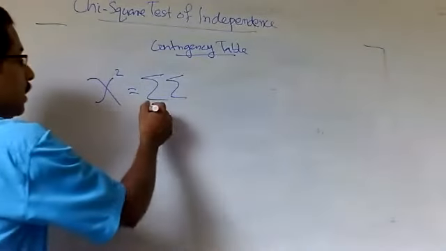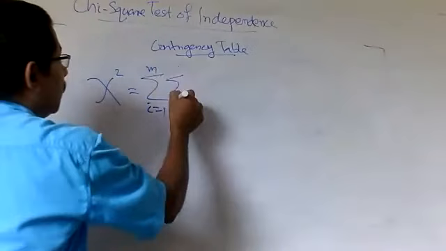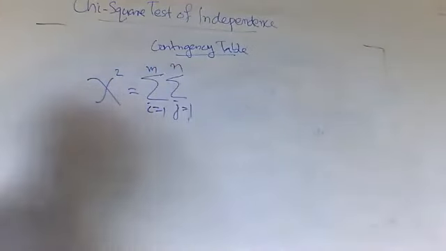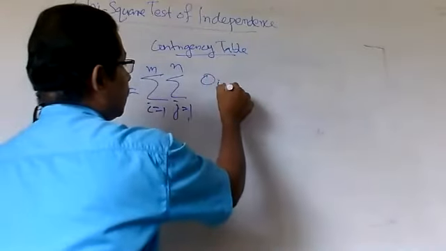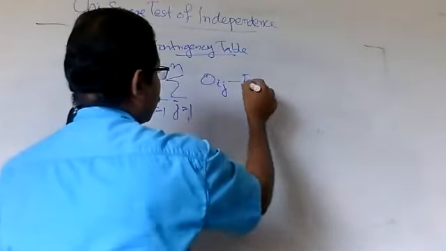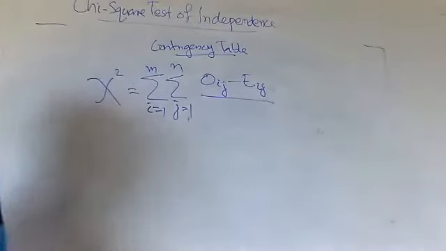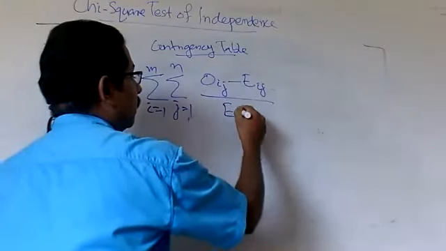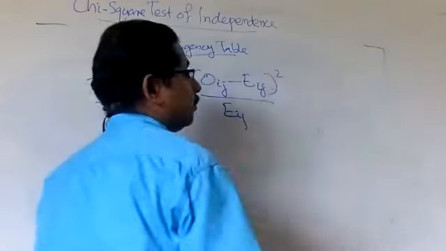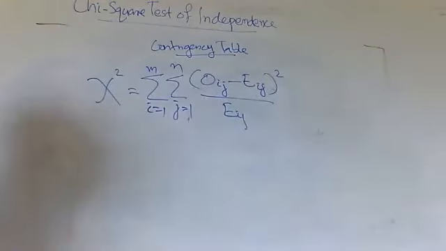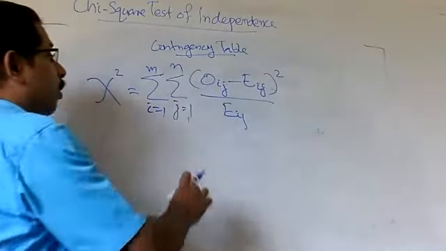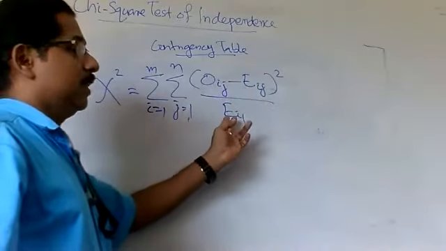So we can write this with i from 1 to m and j from 1 to n, because the observations are given in a bivariate, m into n way. So the test formula here is summation over i, summation over j, Oij minus Eij whole square by Eij.